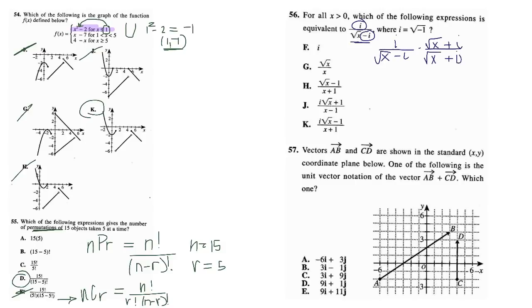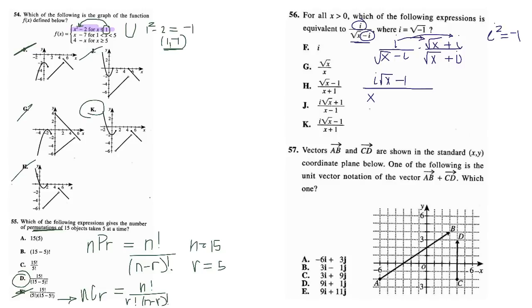When we do this, we multiply using the distributive property. I get i square root of x, and then i times i is i squared, but i squared is -1, so I'll write -1 here. In the denominator, the square root of x times the square root of x just leaves us with x.